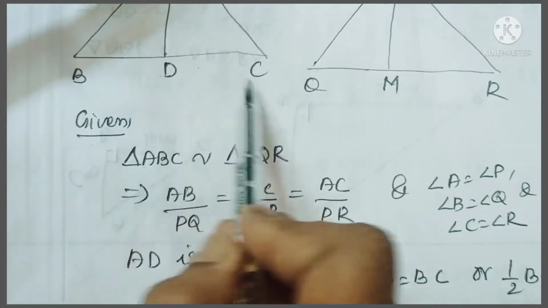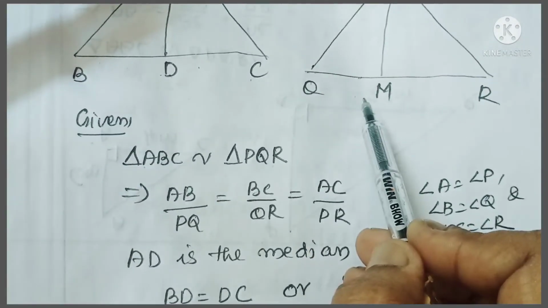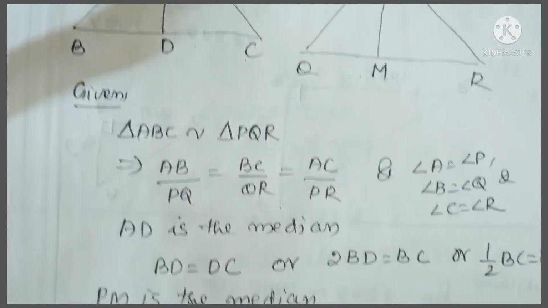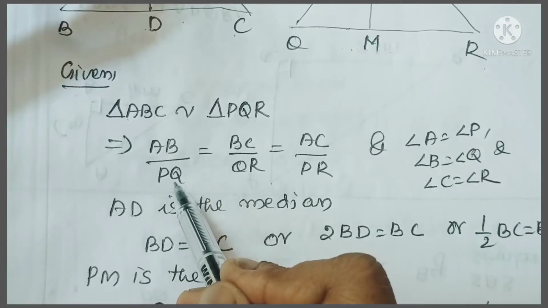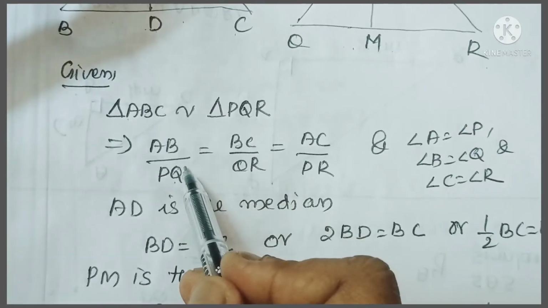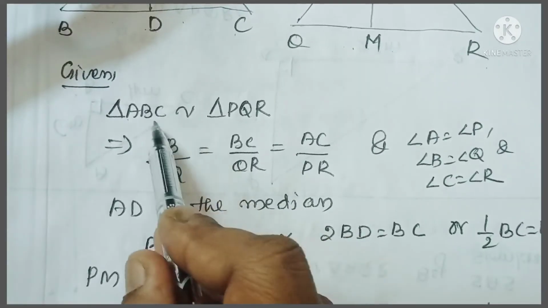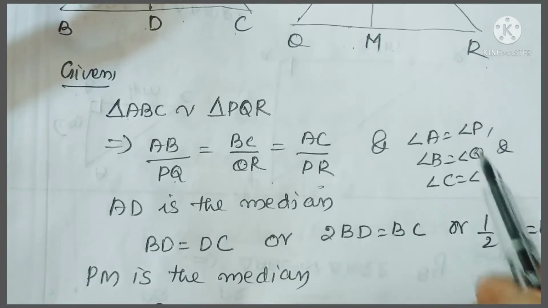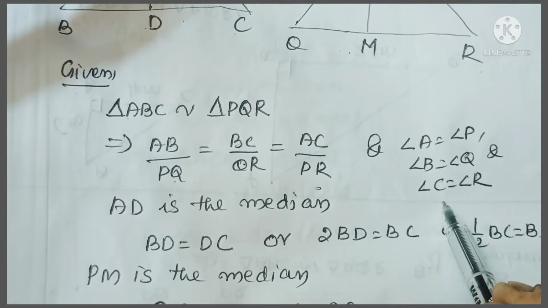So BD equal to DC and QM equal to MR. Then we take the ratio of their sides as AB by PQ equal to BC by QR equal to AC by PR. And also the angles are equal.